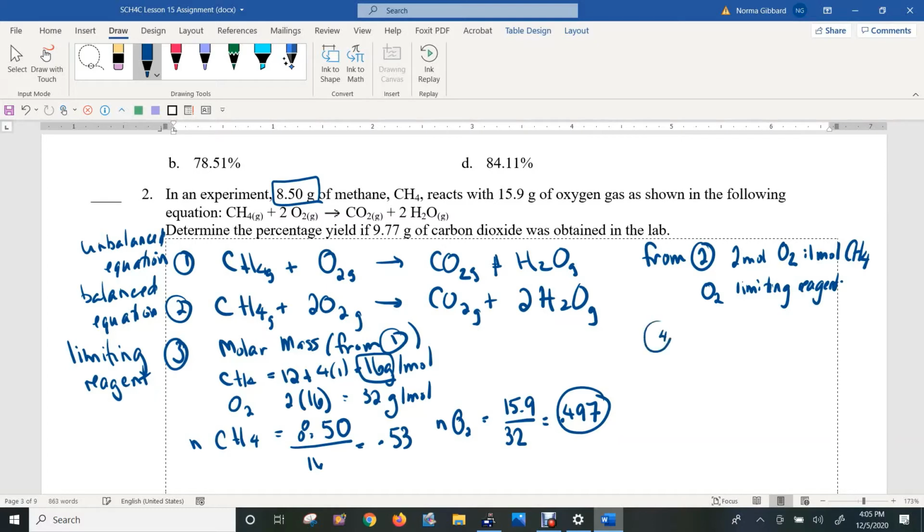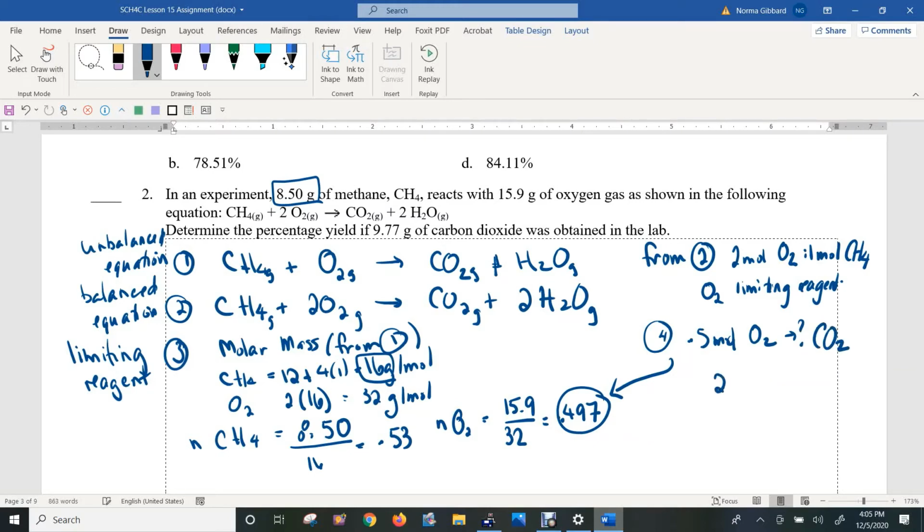Okay, so for number 4 now, what we want to do is we have 0.5 mole from here of O2 produces how many mole of CO2?